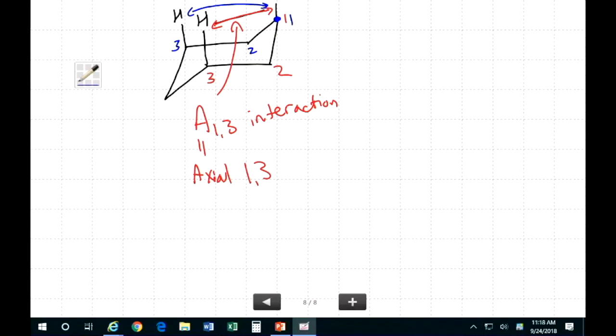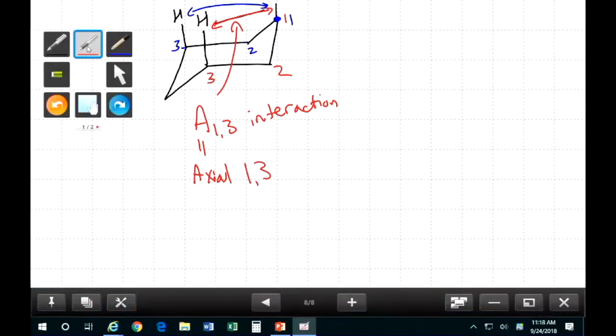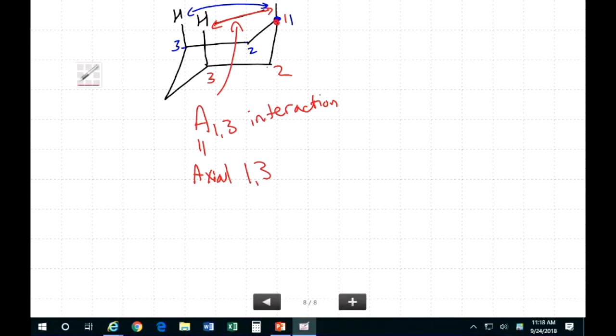So count it, 1, 2, 3. On the third carbon from where the substituent is, I have an interaction there, and then I go the other direction, 1, 2, 3, and I have my group on my third carbon there. So you have this A1,3 interaction when your group is axial.